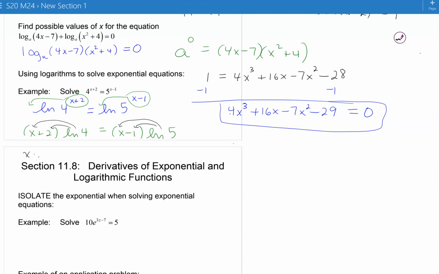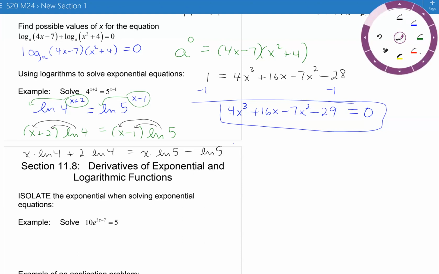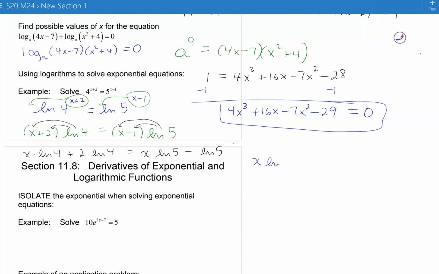So I'll have x times the ln of 4 plus 2 times the ln of 4 equals x times the ln of 5 minus ln of 5. So now I want to get everything with an x in it on one side and everything that doesn't have an x on the other side. So I'm going to subtract x ln 5 from both sides and subtract 2 ln 4 from both sides.